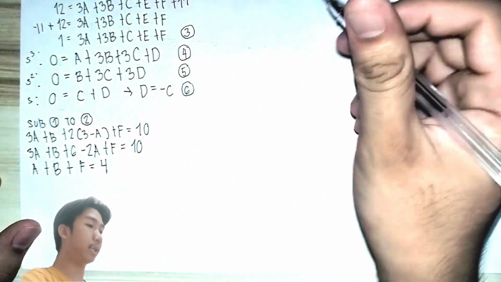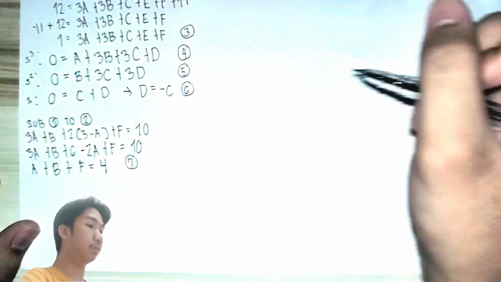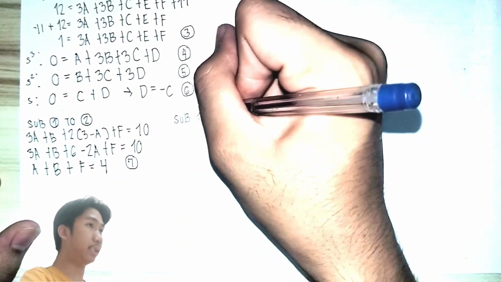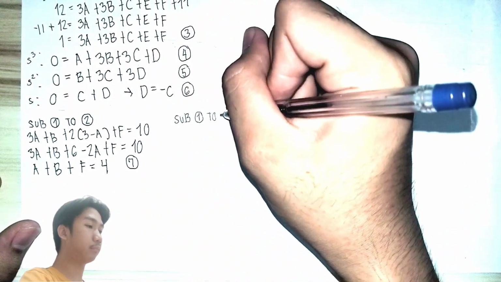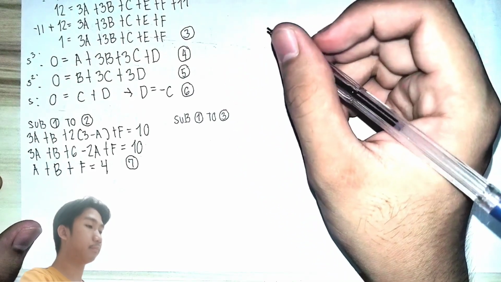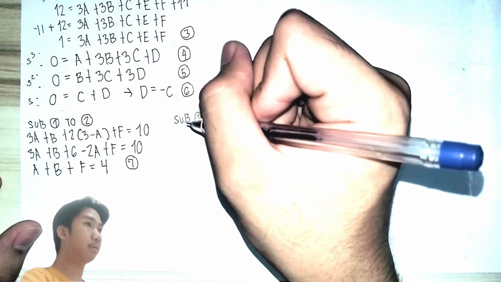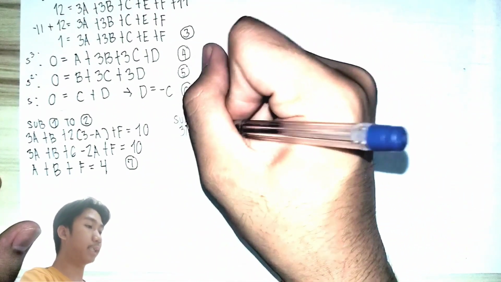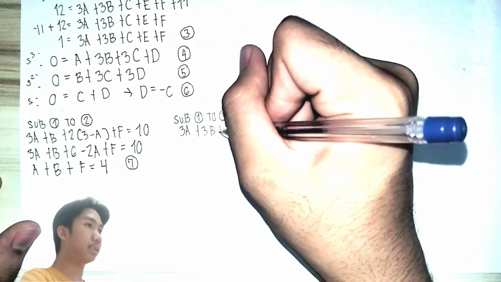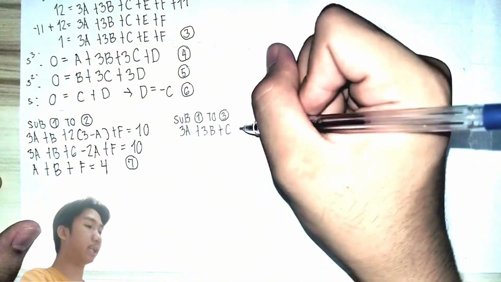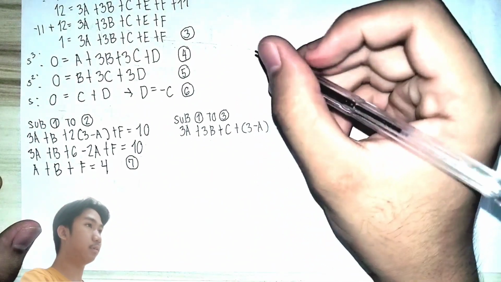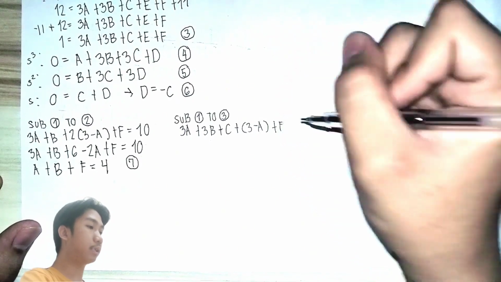Now we substitute again the equation 1, and the value of g is equal to 11 to equation 3. That would be 3a plus 3b plus c plus the quantity 3a minus a plus f plus 11 is equal to 12.